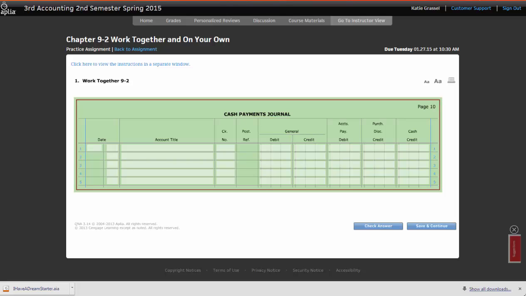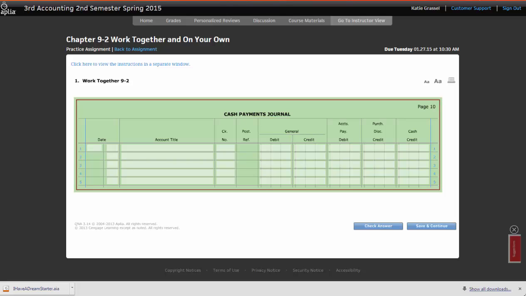Now, I talked about before how we have subsidiary ledgers, and I don't need to write accounts payable Don's Quality Market anymore. Instead of writing the words accounts payable, I'm going to put it in the column that says accounts payable. Do you see that column there? This is one of the things that happens most frequently with this chapter.